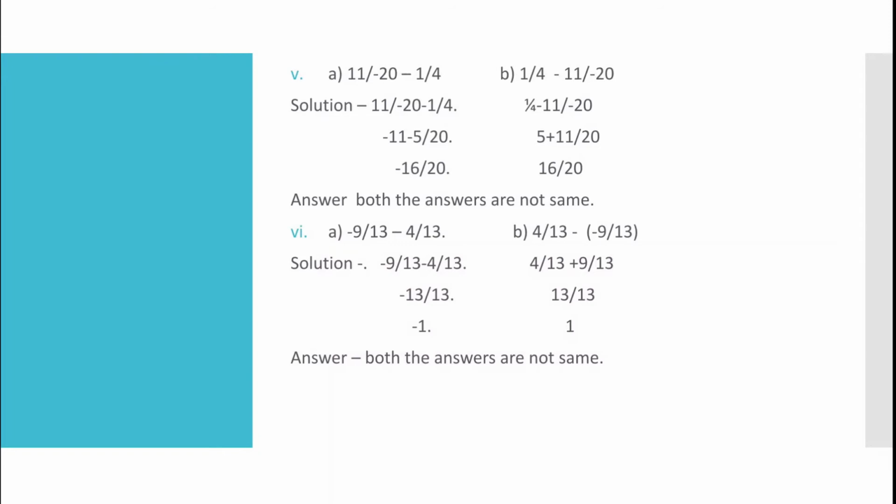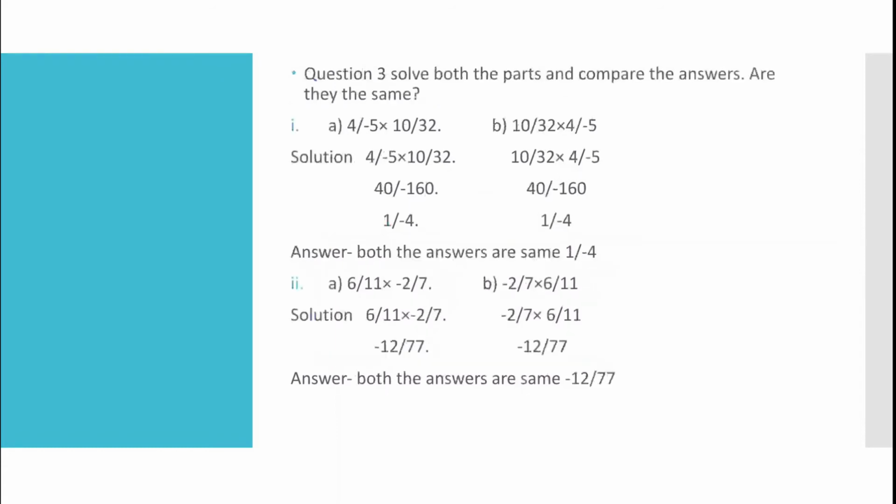Now here 4 by 13 minus, again minus 9 by 13, so minus minus is plus, 4 by 13 plus 9 by 13, here 4 plus 9 is 13, so 13 by 13 equals 1. Both the answers are not the same because we have one negative, minus 1, and we have one positive, 1.